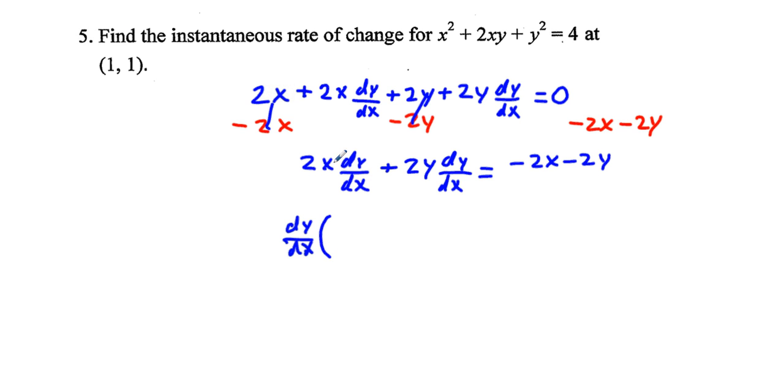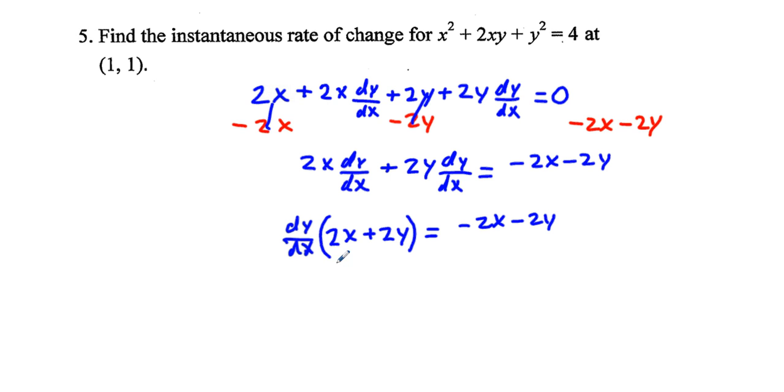We factor out the dy/dx, so we have left here 2x plus 2y equals negative 2x minus 2y.